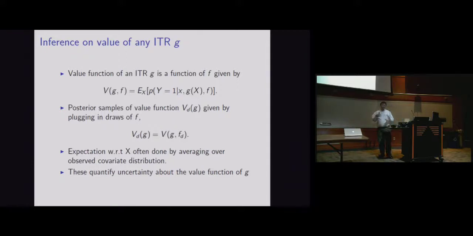Okay, but again, you want to think about F as being the random part here, or the part with the distribution. So we can plug in posterior samples of the value function, or plug in draws of F to get posterior samples of the value function here. So the value function is just V of G and a particular sample draw from F.